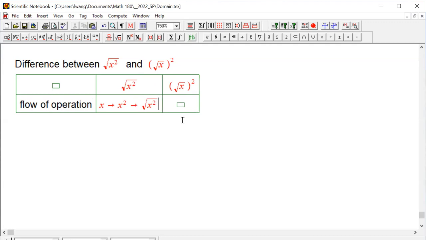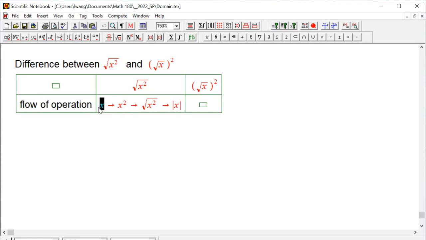Then you produce an output. Your output is going to be the absolute value of the x you start with.